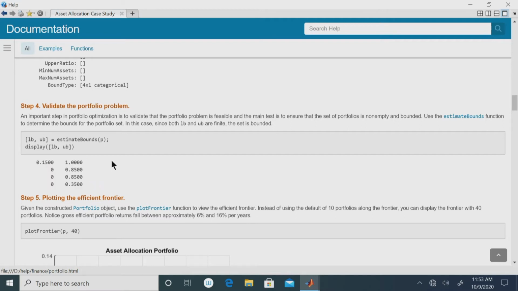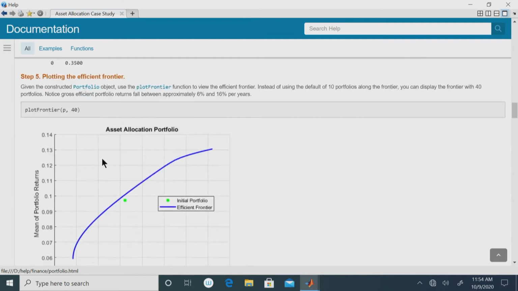Okay, so, now that we have the basic parameters set up, as well as the constraints that have been brought into the picture, the next thing is to look at plotting the efficient frontier. So, we construct the portfolio object, we create the efficient frontier, which is of this particular form.